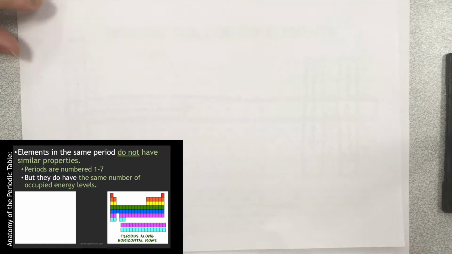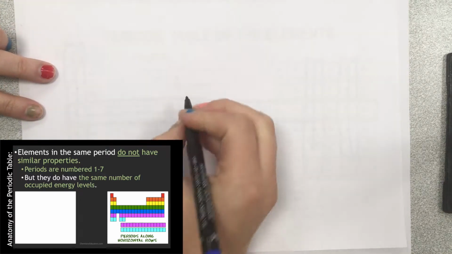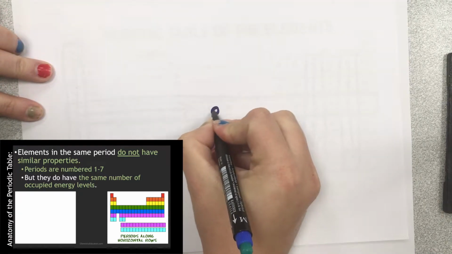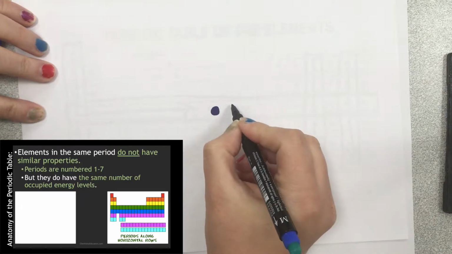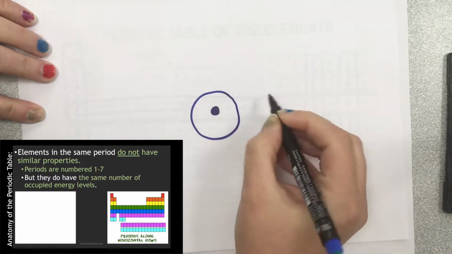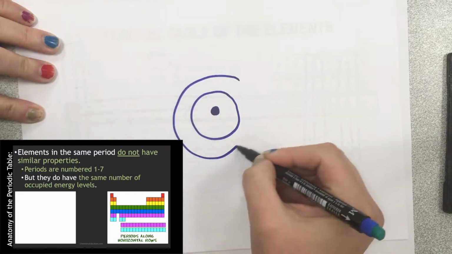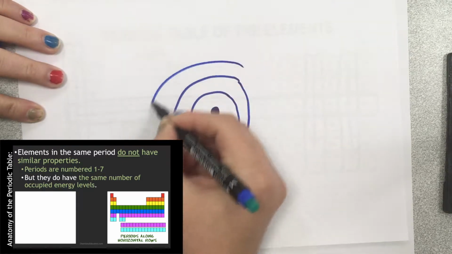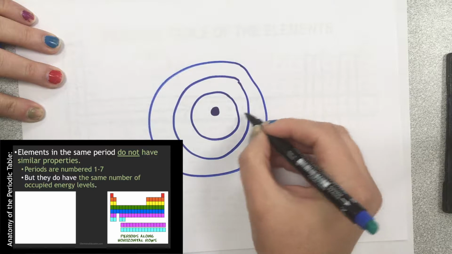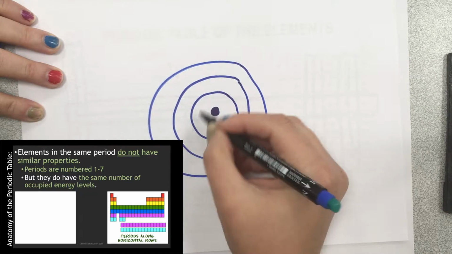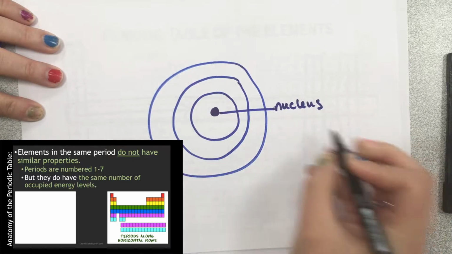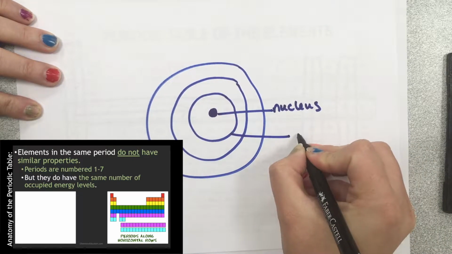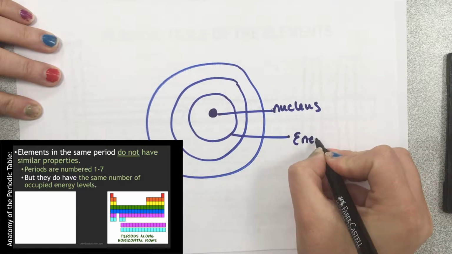so to have the same energy level, what that would mean is, remember when we had this, I'm just going to draw a generic element. This would be a nucleus, right? And I'm drawing the planetary model. And then we have 1 energy level and 2 energy levels, 3. So each of these circles that I drew around the nucleus, each of those circles are going to be considered an energy level.